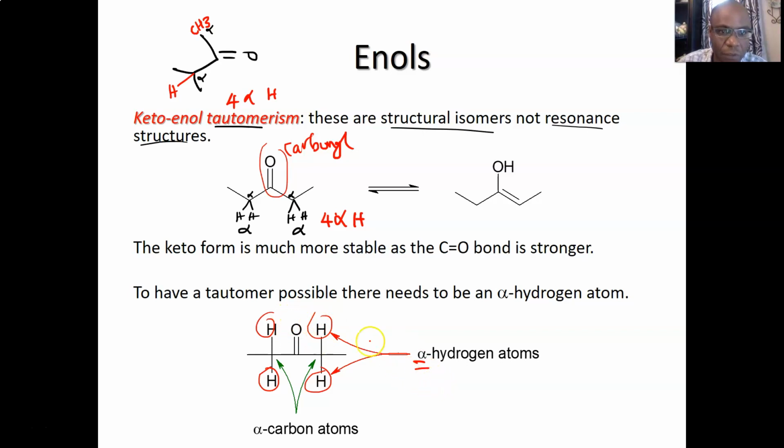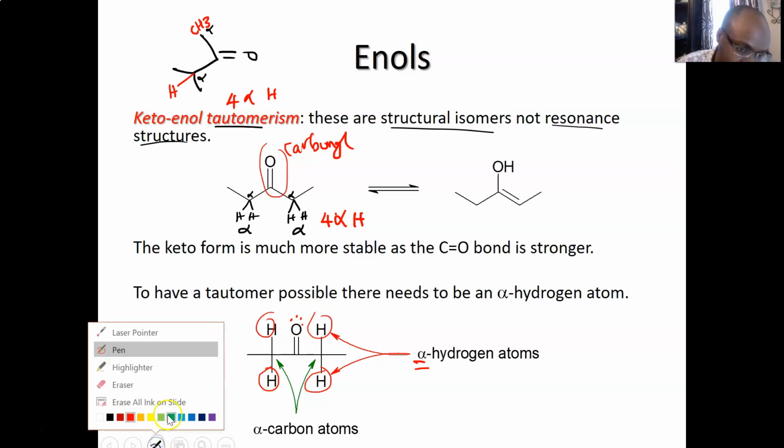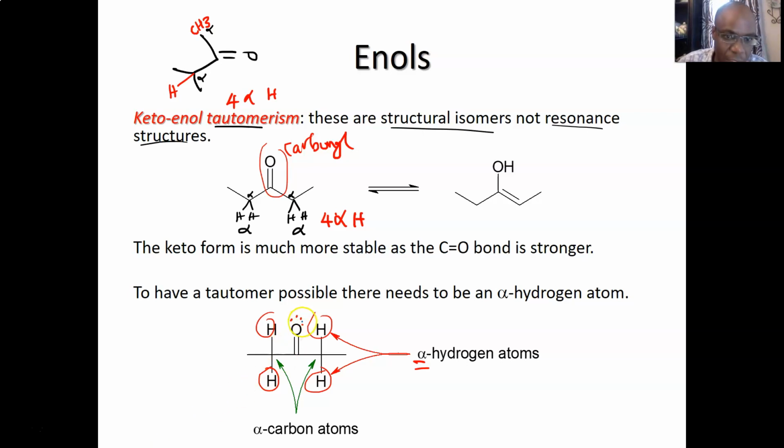So if I want to do tautomerism, I would use the lone pair on this oxygen. Okay, so let me take a different color. I'll use the lone pair to grab the hydrogen, and then use this bond to make a double bond, and then give the lone pair that I used here, I give it back.